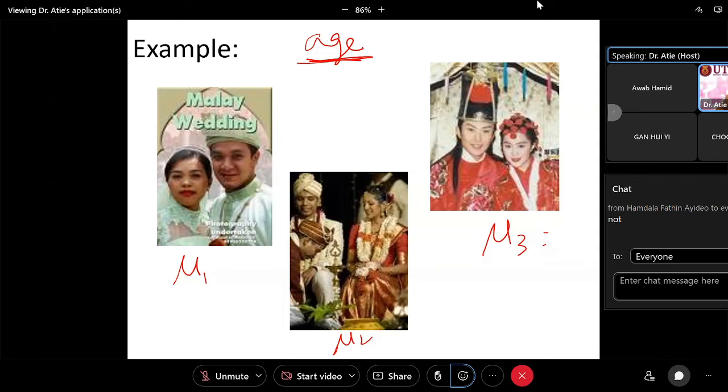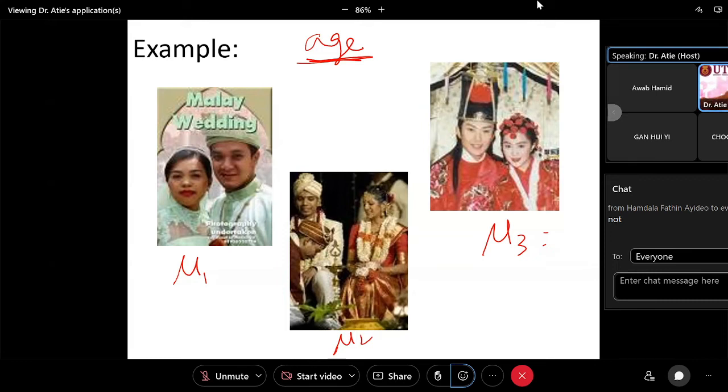They found from their analysis that the mean of the age is actually different. They found that the Malays and Indians have early age of marriage, but not the Chinese. The Chinese is divided into two categories: they got married very early, or they got married very late, but not for the Indians and Malays.